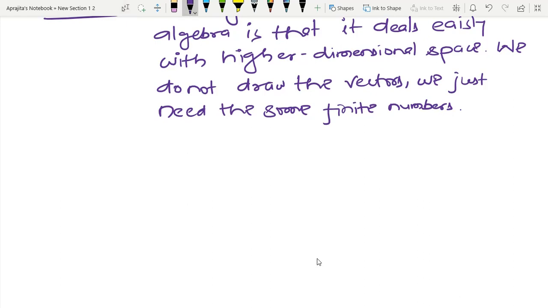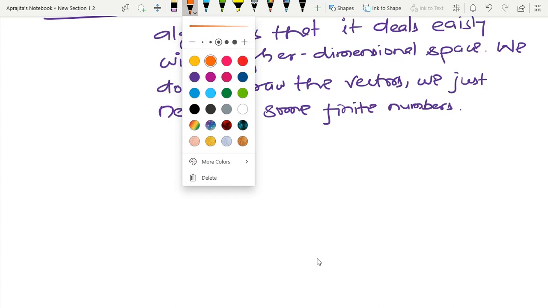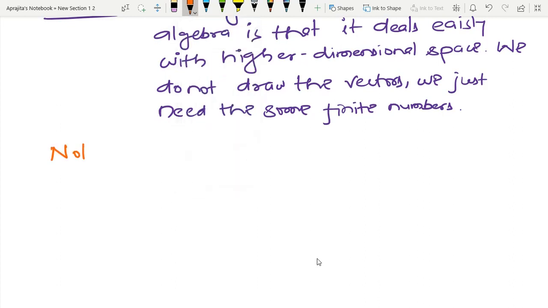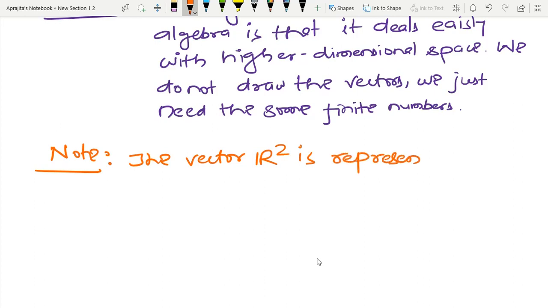So let us note another important point. I have already discussed this, but for the sake of clarity, I am going to write here: the vector space R2 is represented by the usual xy plane, because we are very much comfortable with the xy plane.